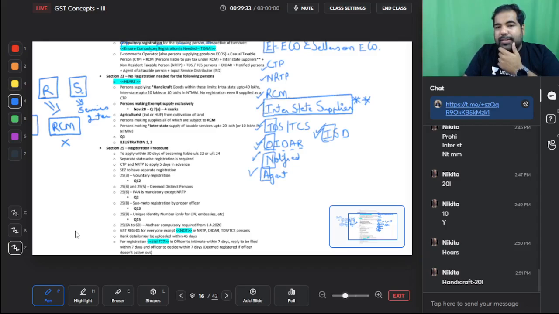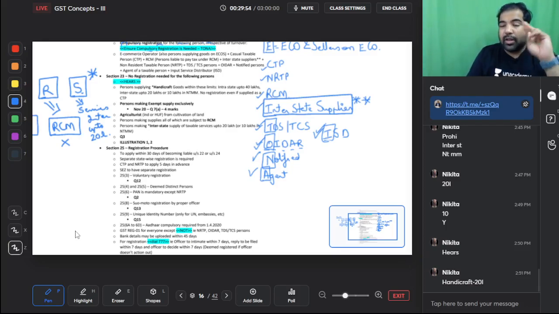But there are 2 exceptions. One of them is this, that if you're doing interstate supply of services, then up to 20 lakhs, you don't need to register. So if my CA firm, guys, gives services to other states, interstate, it is compulsory registration, but there are 2 exceptions, that in case of service provider up to 20 lakh, there is no registration up to 20 lakhs.